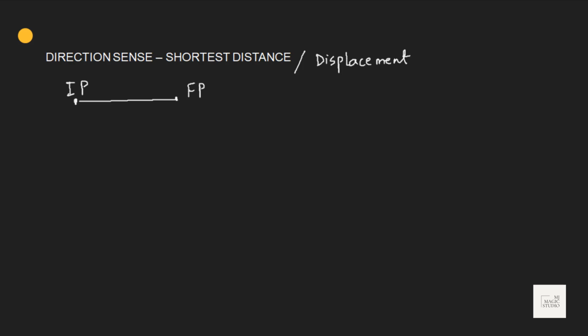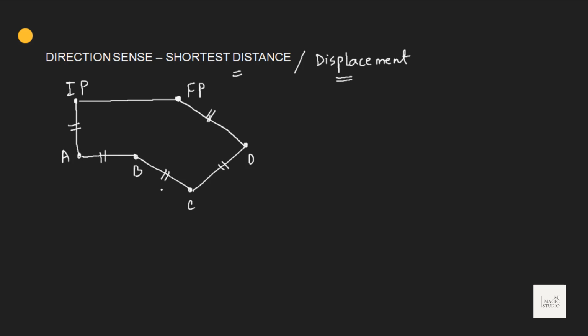But if we have a movement like from the initial position, it moves to A and then it moves to B, then to C, then to D, and then reaches the final position, the sum total of these lengths is the displacement.